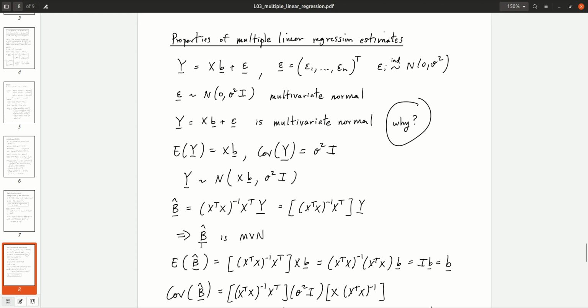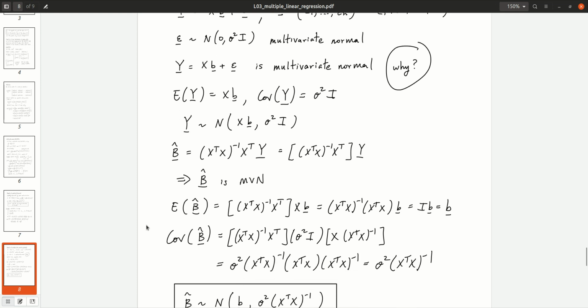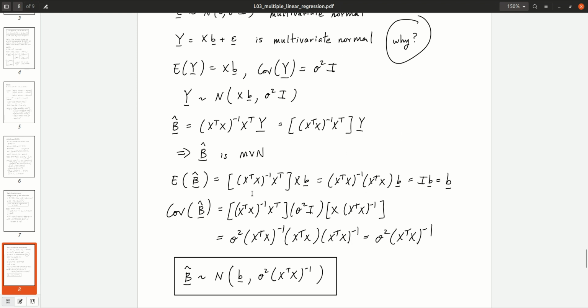Therefore, b hat has to have a multivariate normal distribution, and we just need to work out its mean vector and its covariance matrix. So its mean vector is going to be that matrix multiplied by the mean vector for y, which is xb. So you get this expression for the expected value of b hat.